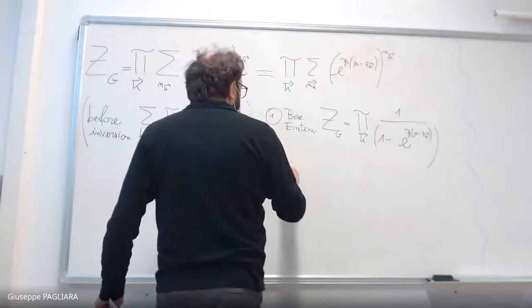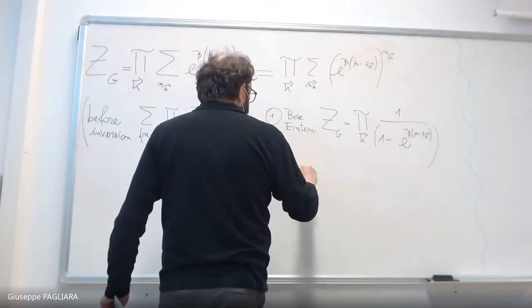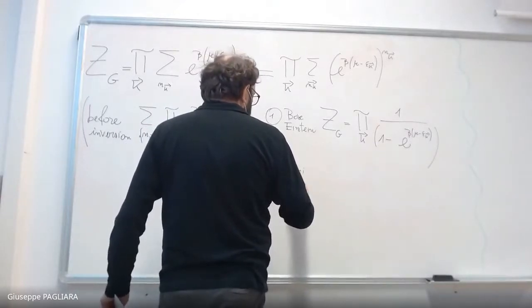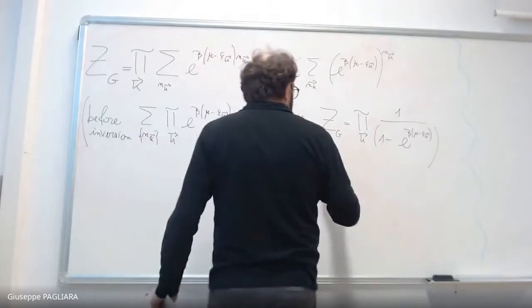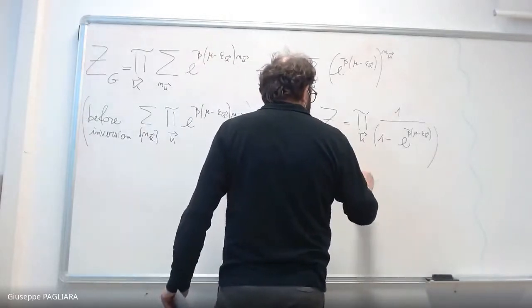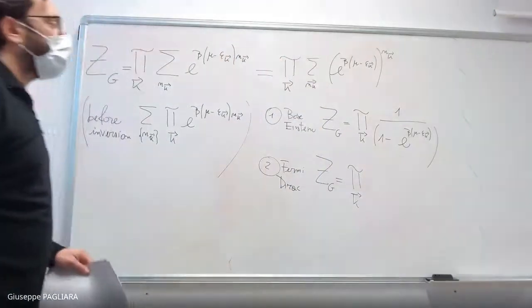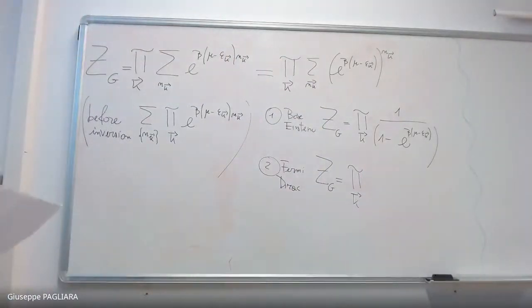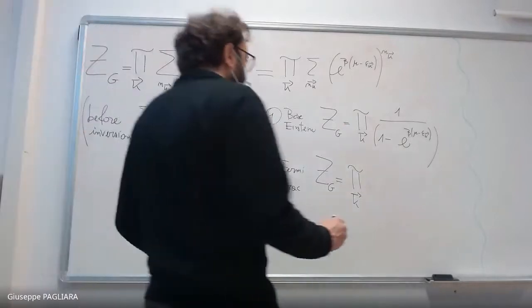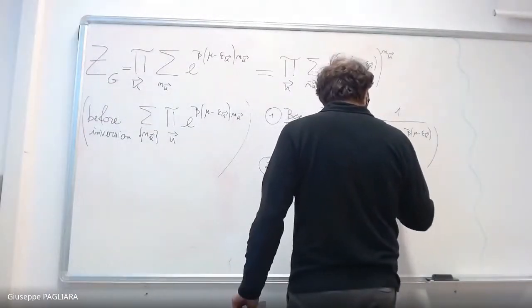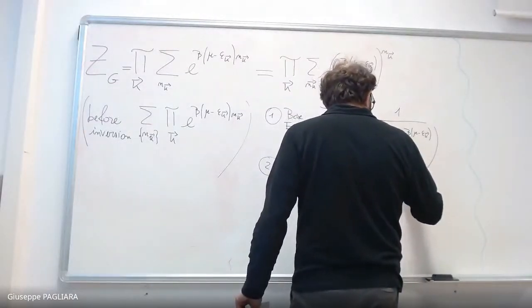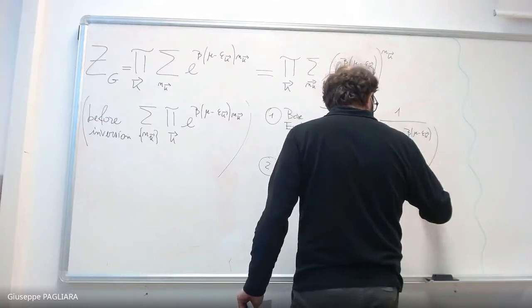Whereas for Fermi-Dirac, the grand canonical partition function will be just the product over k. Now the sum will run from 0 to 1, and therefore here just 1 plus the exponential of beta mu minus epsilon k.